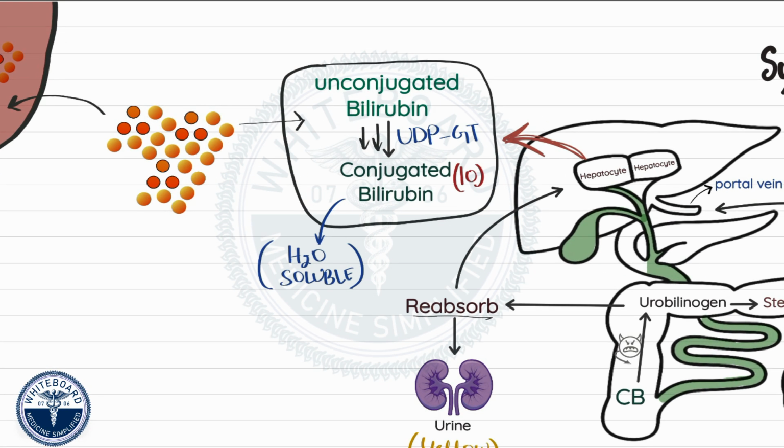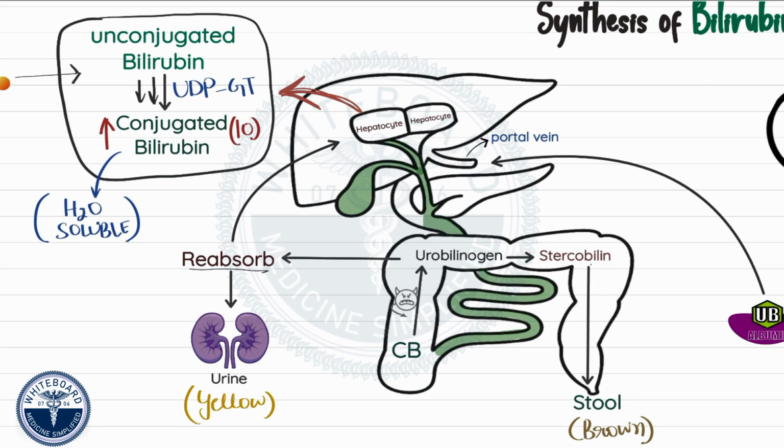At the same time, the liver does manage to conjugate a bit more bilirubin than usual. So the amount of conjugated bilirubin also rises slightly, though it is still not very high. This conjugated bilirubin is excreted into the bile and stored in the gallbladder. From there, the conjugated bilirubin moves into the intestine, where it is converted into urobilinogen.